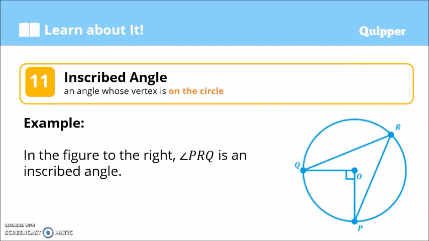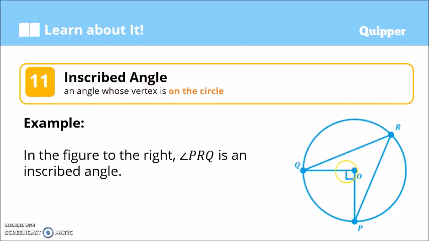Aside from the central angle, we also have what we call an inscribed angle. Now, the central angle has its vertex at the center of the circle, while this one is an angle whose vertex is a point on the circle. This is a central angle because its vertex is the center of the circle. Here, in angle QRP, the vertex is point R. It's a point on the circle, so this angle is called an inscribed angle.